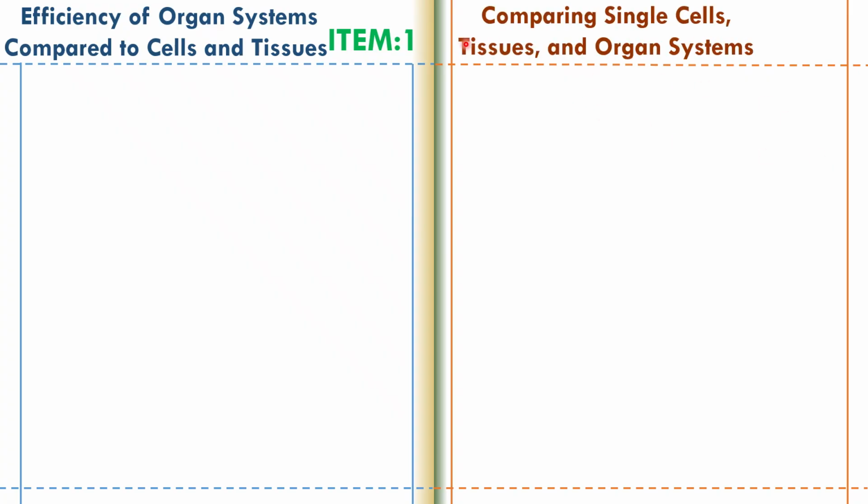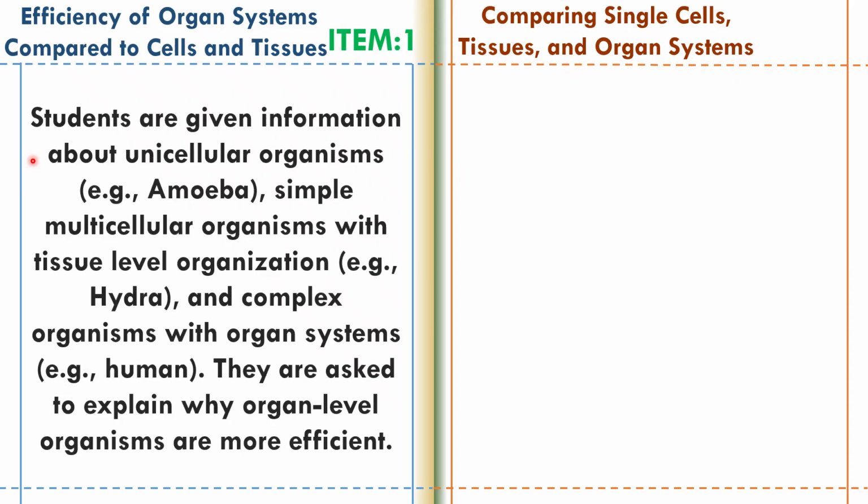Efficiency of organ systems compared to cells and tissues. Item 1. We are going to be comparing single cells, tissues, and organ systems. Students are given information about unicellular organisms, for example, amoeba.